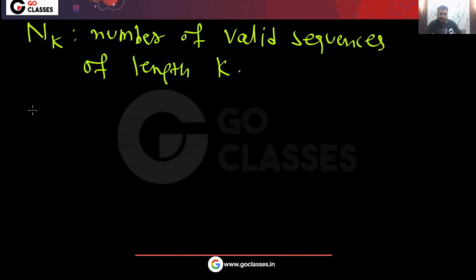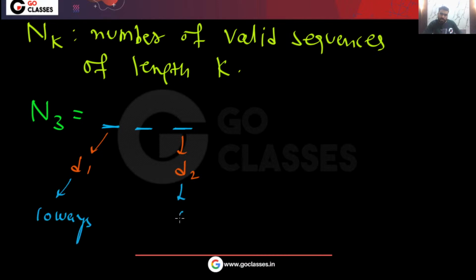So what will be n3? Let's check it out. N3 means there are three characters. It is already given that the first character must be a digit and the last character must be a digit, so there are 10 ways for the first and 10 ways for the last. Now in the middle I can either put a digit or a sign.